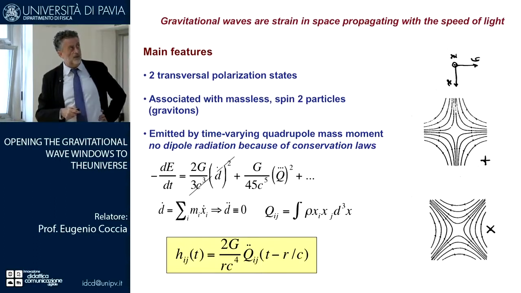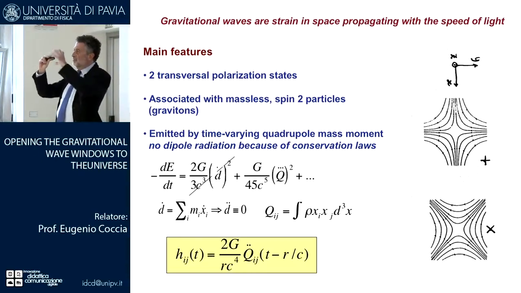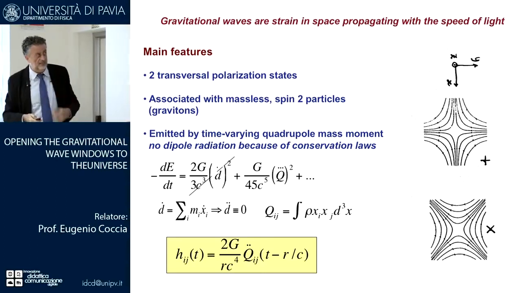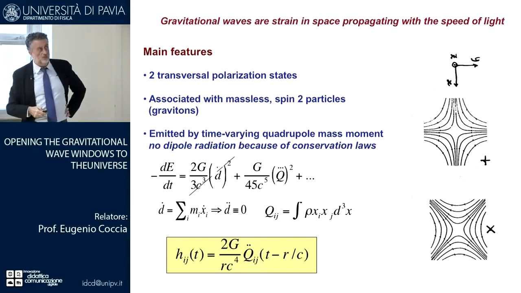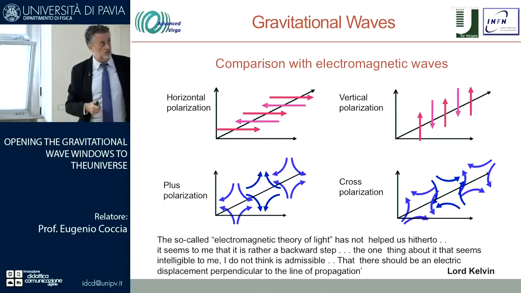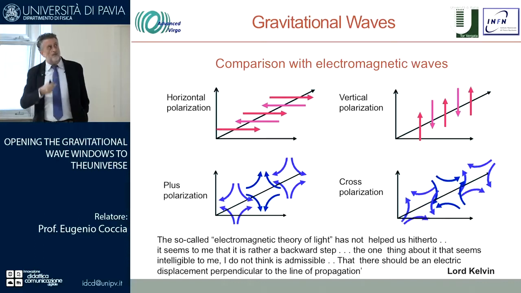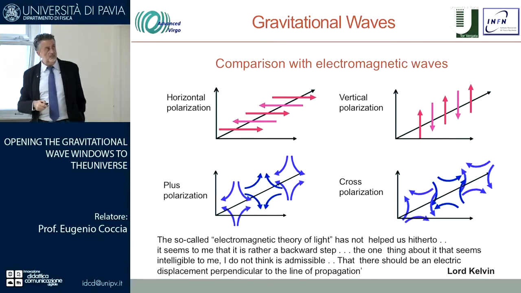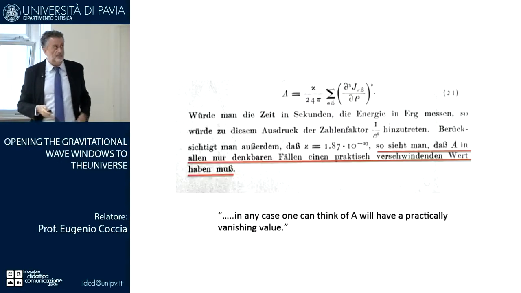So the first non-null term is the quadrupole one. This means that the source has to do something like that. I mean, it is a tidal shape that is important. So the amplitude of the wave depends on the quadrupole of the source. And you see here the comparison between polarization in the electromagnetic waves and polarization in the gravitational case. So gravity makes this tidal movement while propagating in space.